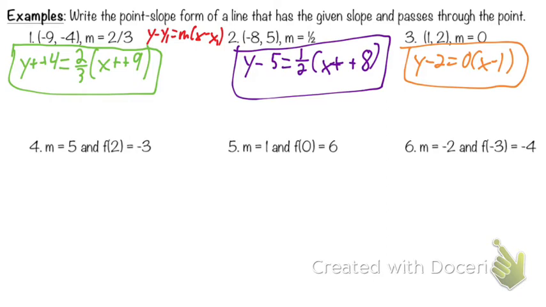We're given the slope, but are we given a point? We might think, well, no, we're not. Well, we talked before when we had f of x equal to something. When f of x was equal to something, the output is really the y. So what it's equal to is really the y, and the input is really the x. So here, this actually is a coordinate 2, negative 3.